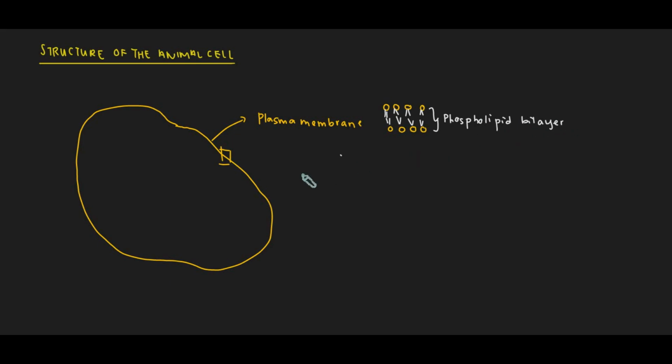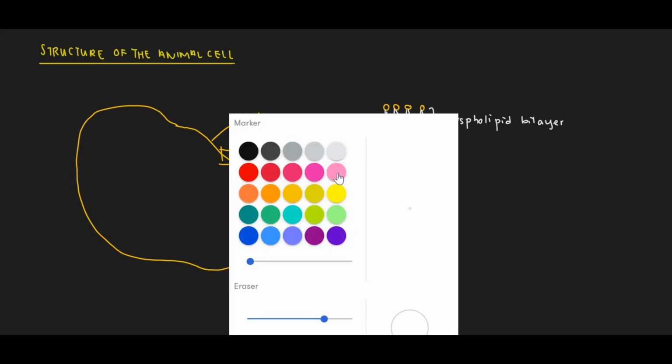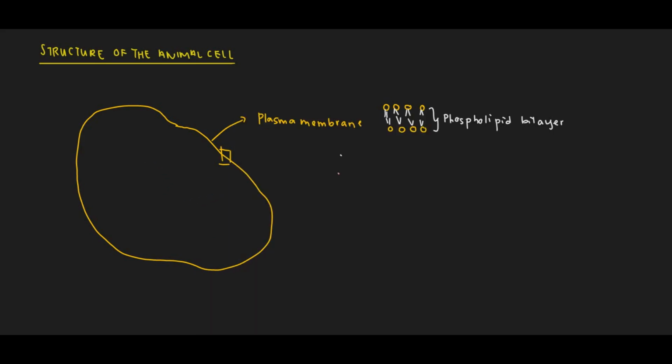Alright. So now let's look into the cell, the animal cell itself. In order for us to separate between the intracellular matrix and the nuclear matrix, we are going to draw a nuclear membrane.